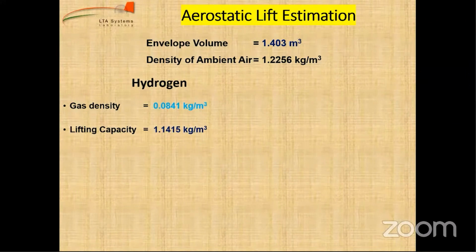And this is why we call this the lifting capacity. So all you have to do to find lift: as someone said, density equals mass upon volume. So let's consider this mass as a force. This lifting capacity is the difference in density. What will you multiply it with to get that force?